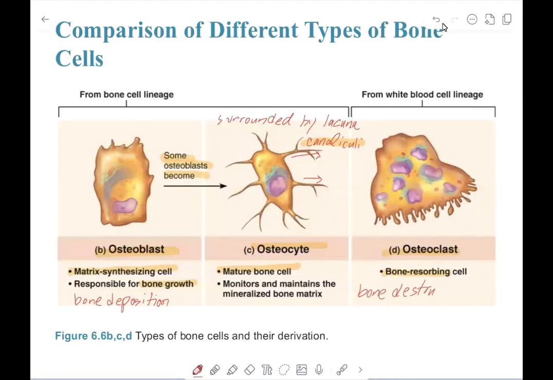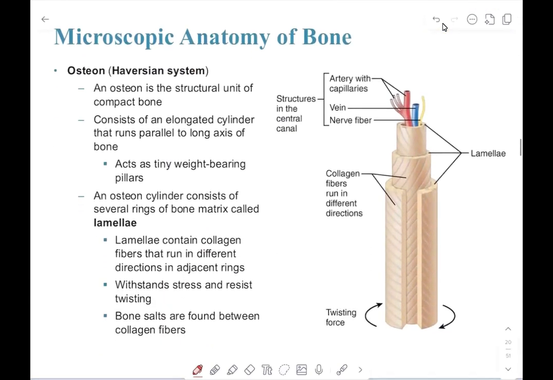Then there are the osteoclasts, the macrophage looking cells, and they are responsible for bone resorption, which is also referred to as bone destruction. Continuing with the microscopic anatomy of the bone, within compact bone, we have what's called a haversian system. So it's very important for you to remember that the osteon is the structural unit of compact bone.